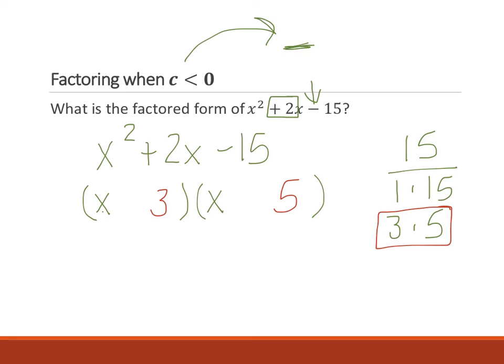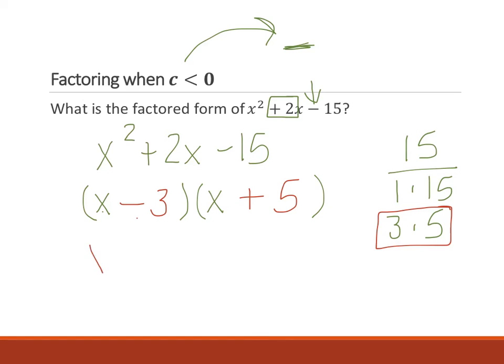The only way for them to multiply to give me negative 15 is for the signs to be different. Which one would need to be positive so that when I add them together, I get positive 2? The 5, because positive 5 and negative 3, when added, give you a positive 2.